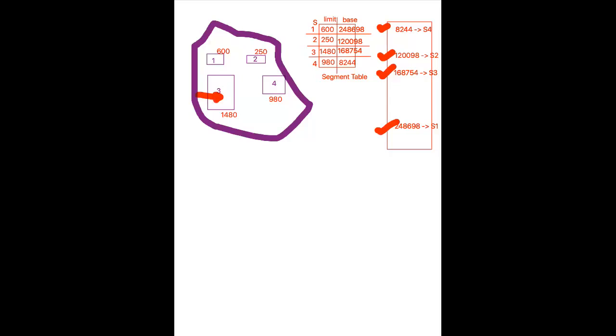I already mentioned one entry in the segment table will be one segment. Now in this diagram you can see there are 4 segments. So STLR will have the value 4. Segment table length register, it is even mentioned there.